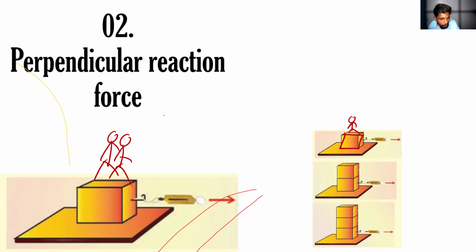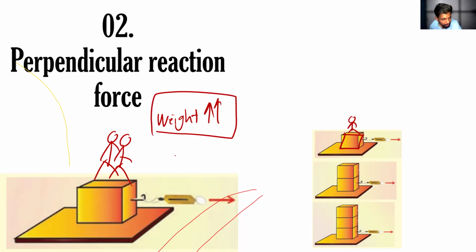So when the weight increases, weight means you are going to climb in, you are going to sit on that box, right? So automatically the weight increases. If the weight increases, what will happen to the perpendicular reaction? Perpendicular reaction also will increase. Now you may ask, what is perpendicular reaction?